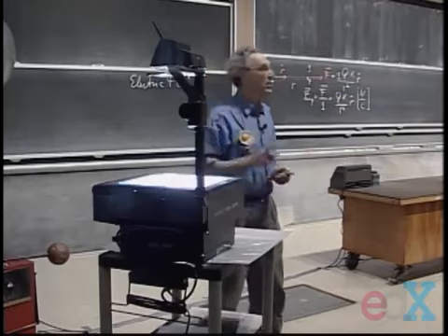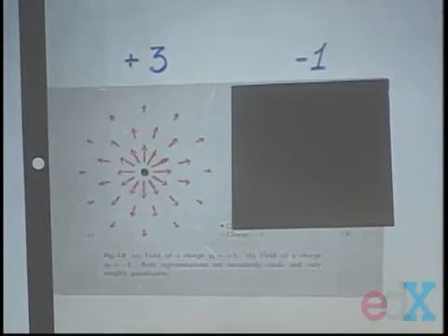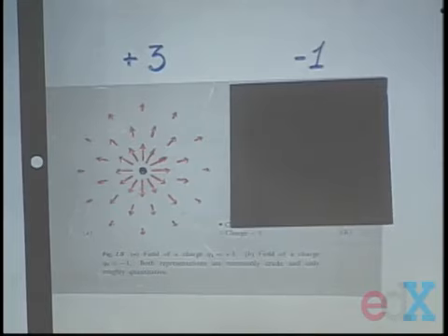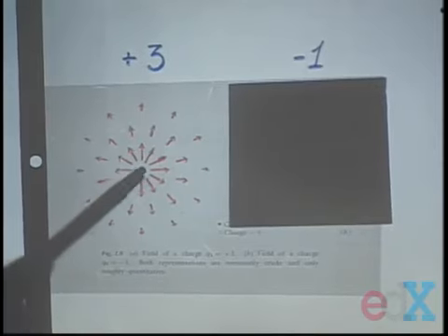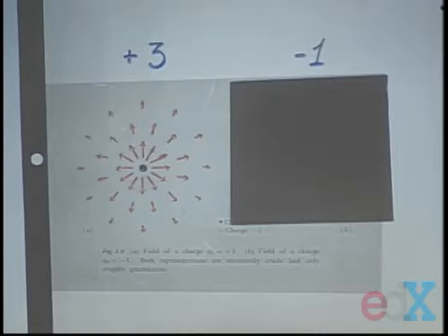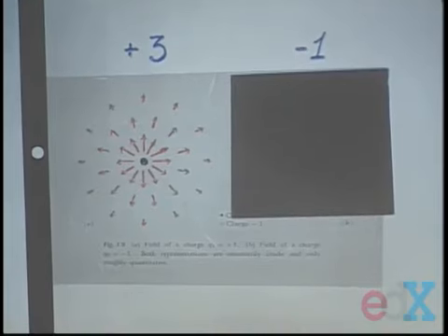So by convention, the arrows are pointing away from the charge in the same direction that a positive test charge would experience the force. And you notice that very close to the charge, the arrows are larger than farther away. That is trying to represent the inverse r squared relationship. Of course, it cannot be very quantitative. But this is of course spherically symmetric if this is a point charge.